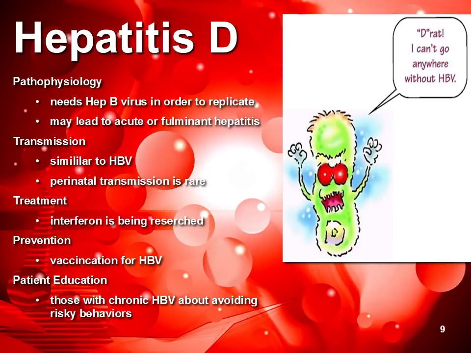Interferon for this form of the virus is currently being researched as a form of treatment. Prevention is dependent on hepatitis B prevention, since Hep D is dependent on Hep B. So since it's a co-infection, if you prevent Hep B, you will prevent Hep D from the client getting it.